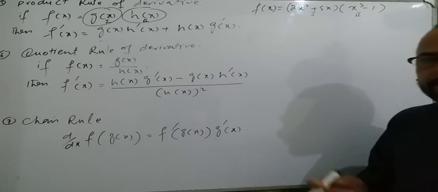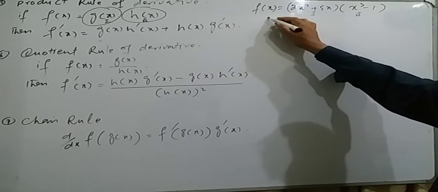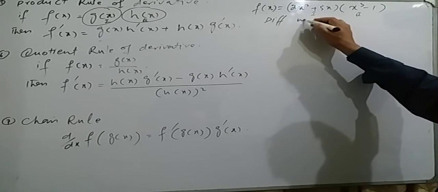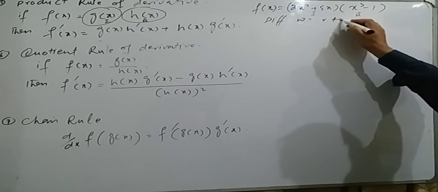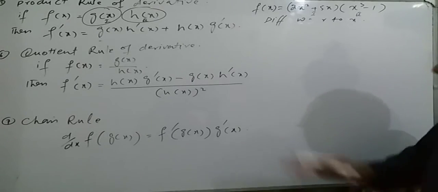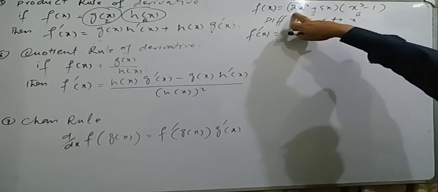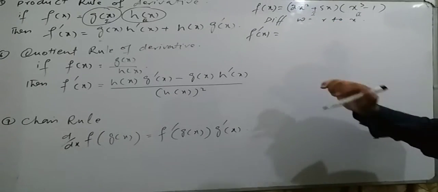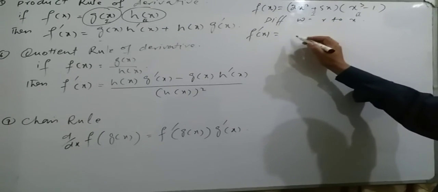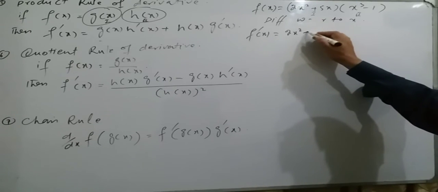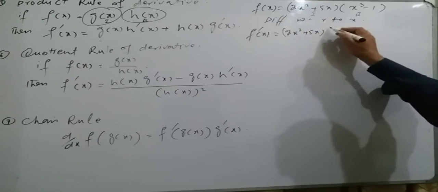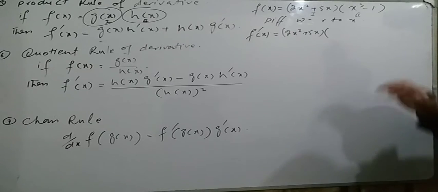We differentiate with respect to x. Now it becomes f dash of x, and the first function remains unchanged, times the derivative of the second one.